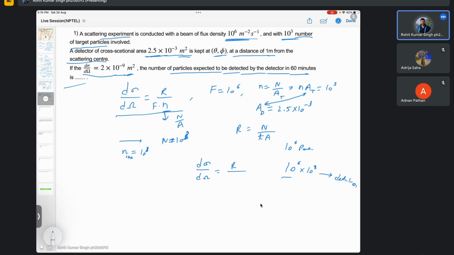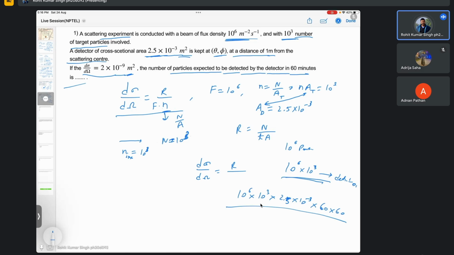Then if you multiply it with the cross section area of the detector, this is the number of particles detected per unit time. Or we can just multiply it with 60 into 60, and this is the total number of particles detected in 60 minutes.